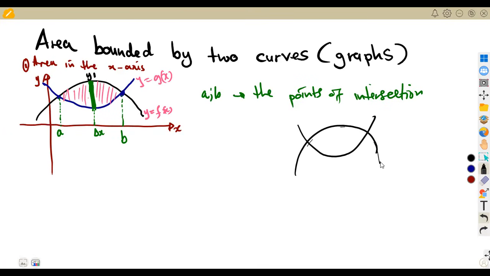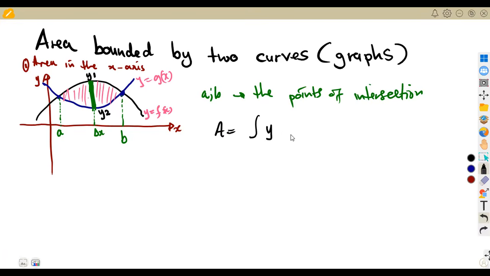This is the one on top, all right? Then this is the one that is below. So you're going to consider the graph on top as y1 and the graph below as y2 like this. All right, so given the graph on top as y1 and the graph below as y2, it follows that the area is going to be given as the integral. We're going to have the difference of the graphs in this case. In this case, that is y1 minus y2.